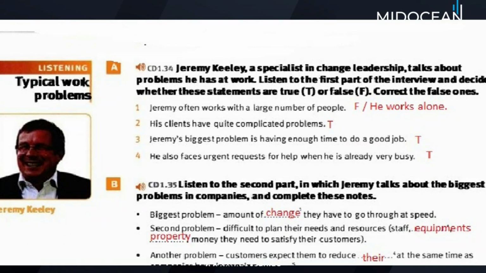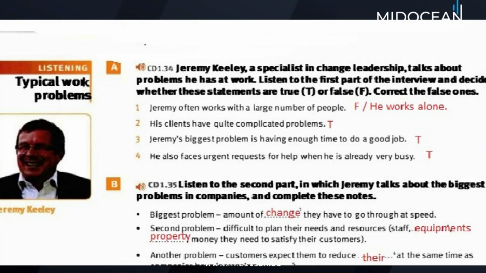Secondly, they find it very difficult to plan their needs and therefore also to plan their resources. In other words, their staff, the equipment, the property, the money they need to satisfy their customers. And their customers expect them to reduce their prices at the same time as these companies have increasing costs. So they have to be much more productive, much more efficient all the time.